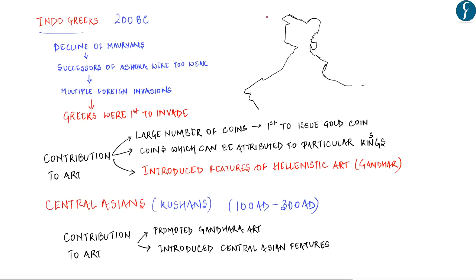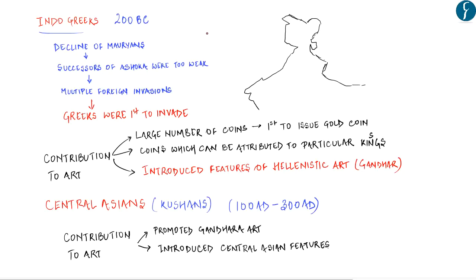Now as we know, Gandhar art is a synthesis of Indo-Greek art with the local tradition in the northwestern region of India. For that to happen, Greeks needed to come to India and rule for some time and patronize their own art and architecture.